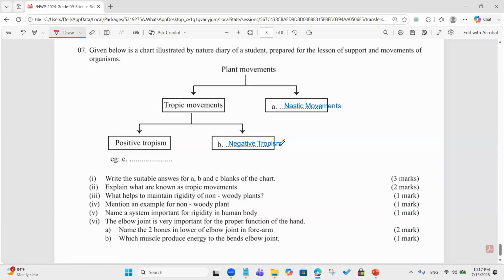Explain what are known as tropic movements. I think we already answered, you know. Okay, you can write it. What are tropic movements? Can you write the answer?